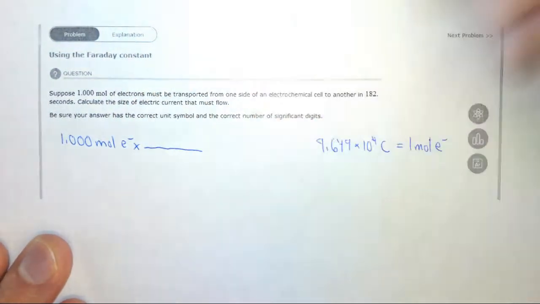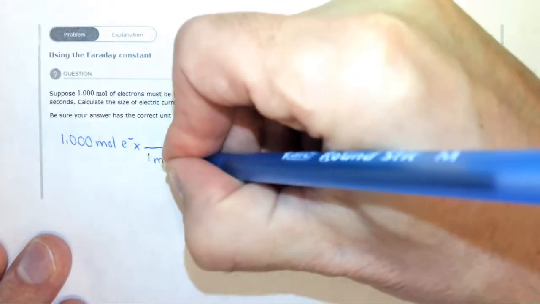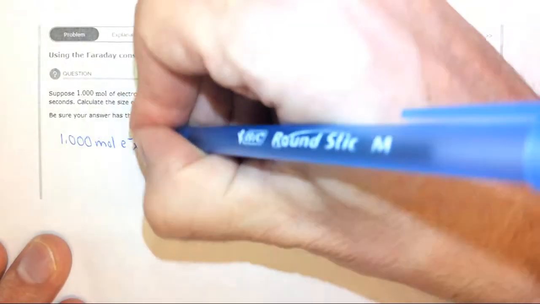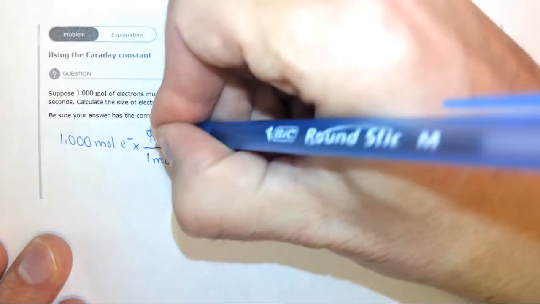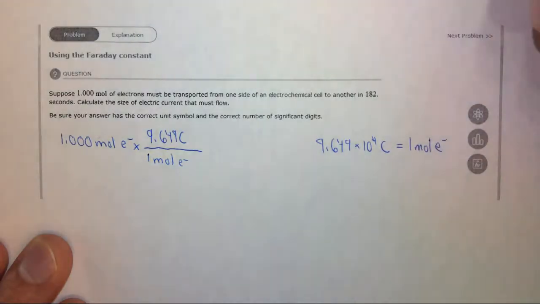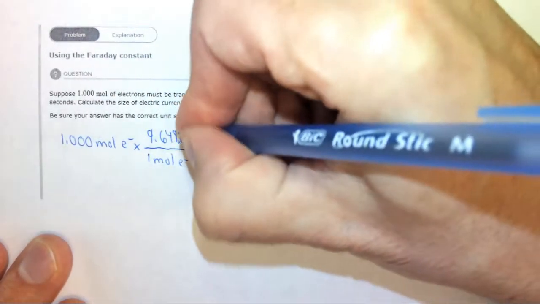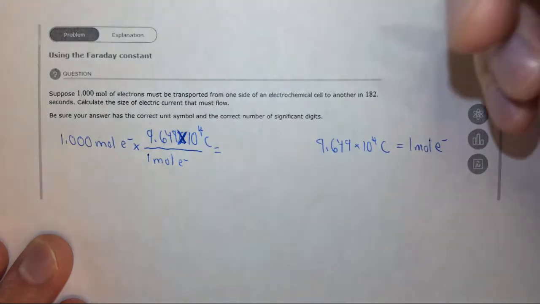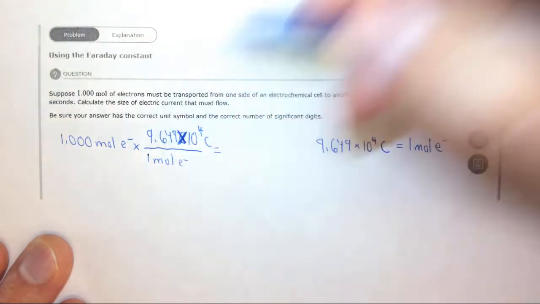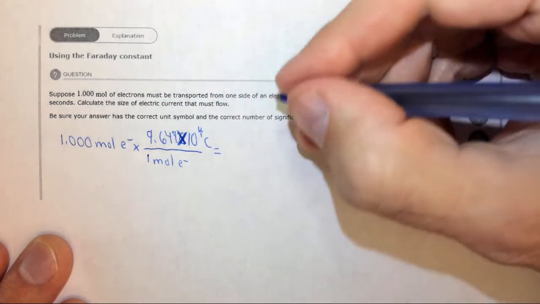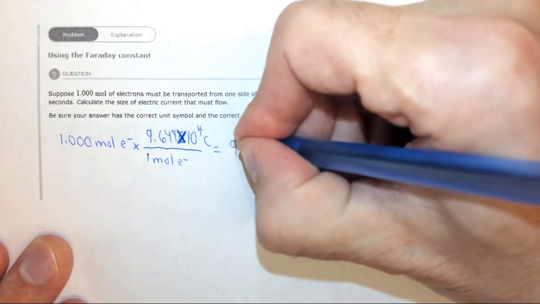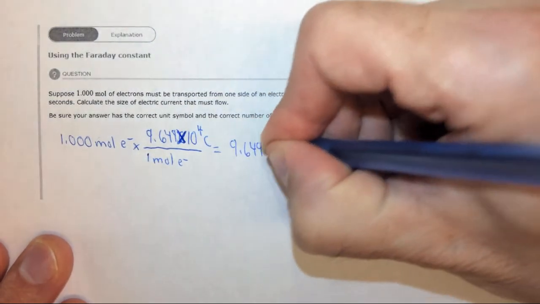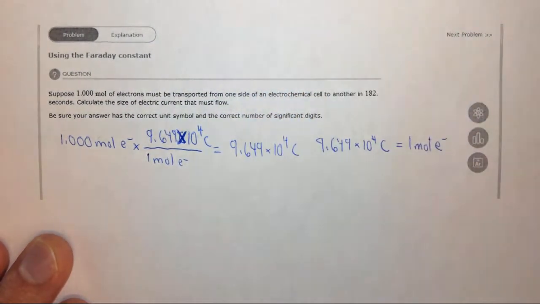You don't really have to do the dimensional analysis here because this is 1, but if we wanted to, we could put 1 mole of electrons on the bottom and 9.649 times 10 to the 4 coulombs on top, and of course it's just 1 times this divided by 1, so it's the same number, which is 9.649 times 10 to the 4 coulombs.